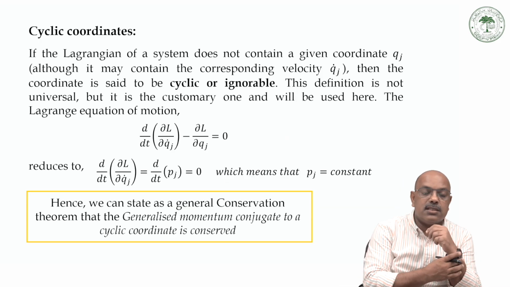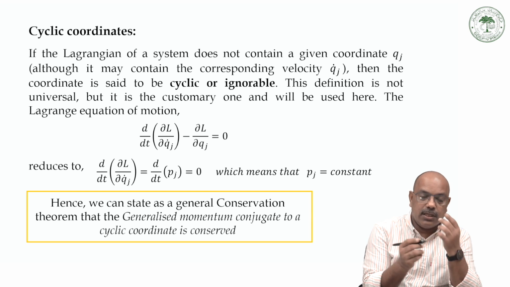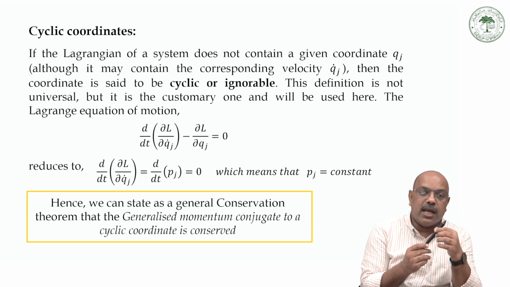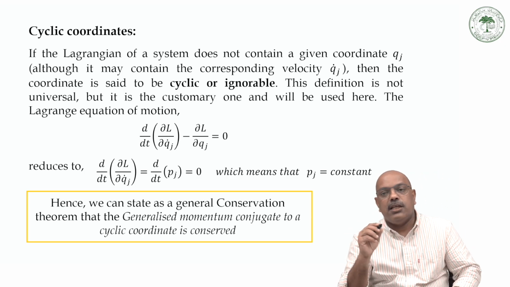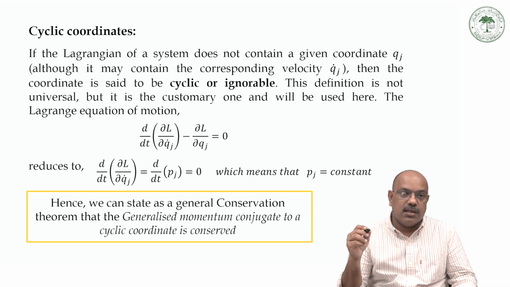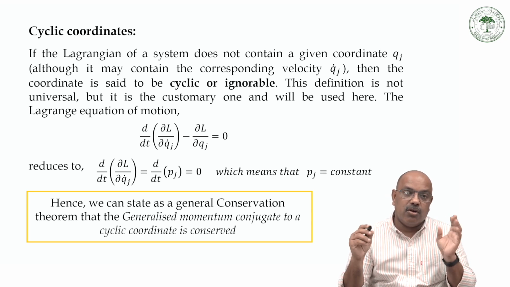The second thing is the cyclic coordinate. So we defined the conjugate momenta or generalized momenta, and the second important thing is the cyclic coordinate. The cyclic coordinate is nothing but this: if you write the Lagrangian of the system, and the Lagrangian does not contain the coordinate but contains the generalized velocity, then that particular coordinate is the cyclic coordinate of that particular Lagrangian or system.